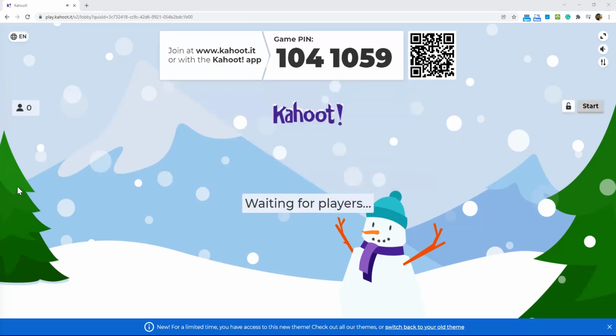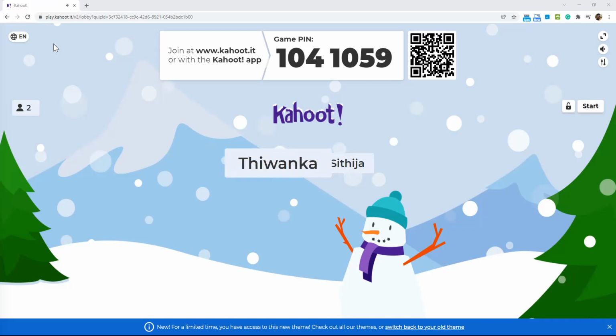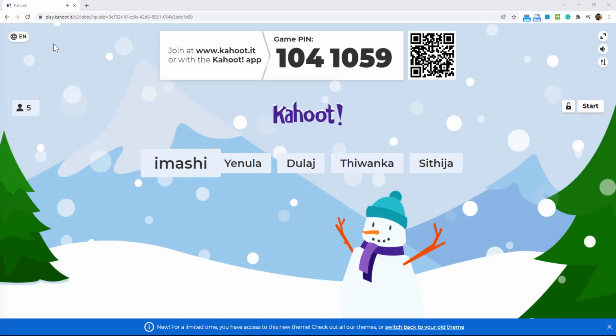Yes, so the new game pin is 104 1059. 104 1059. Okay, sorry about that. Okay, so we have 5 already connected.